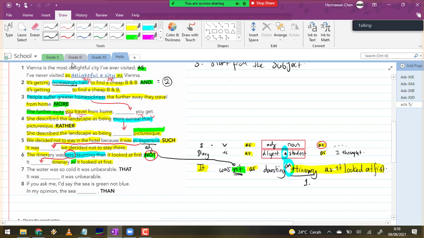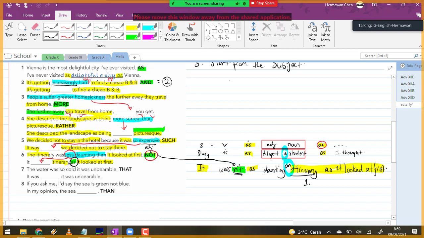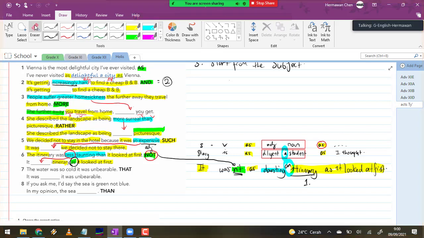From here, we know that we have to use as or such, but let's just use as. It wasn't as. And then adjective, noun. The adjective is daunting, taken from the text, the question. And then don't forget the article an. And then the noun. The noun is itinerary. It has been taken. That's it. That's number 6.